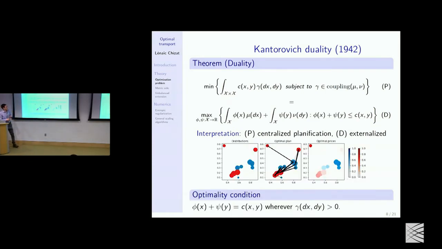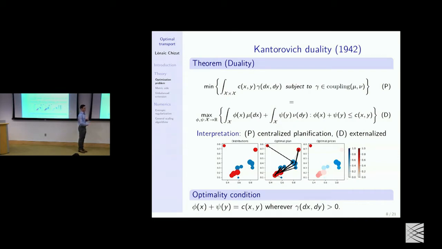So here is a representation to quickly see this problem. You have the set of factories in red and the set of shops in blue, with a size proportional to the amount of goods that they produce or sell. If I want to minimize the transport costs, I come up with this way of transporting my goods from the factories to the shops, and the other company that I ask to do the transportation will come up with this set of prices.